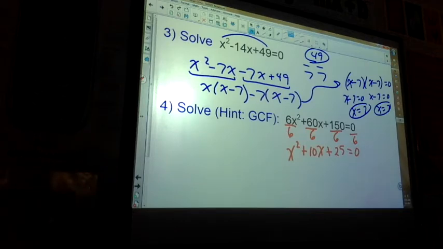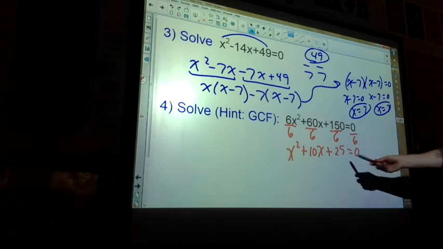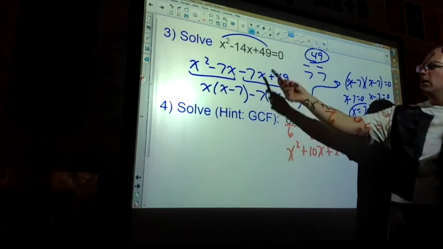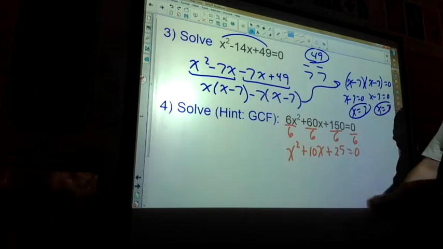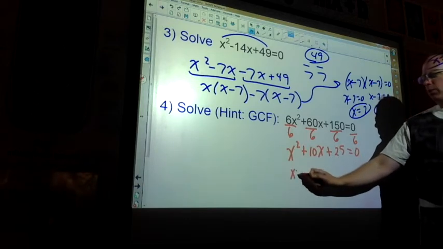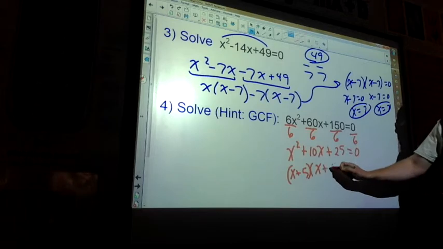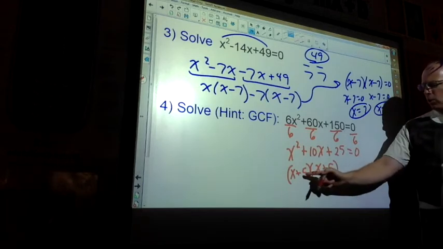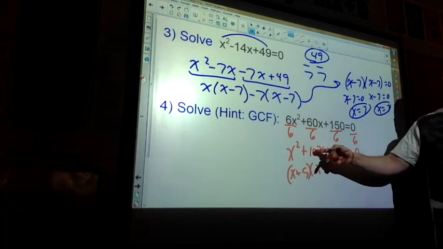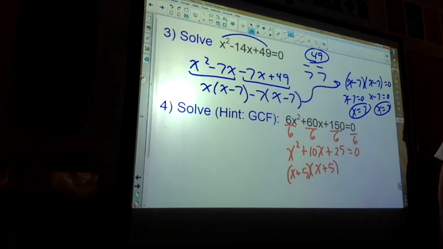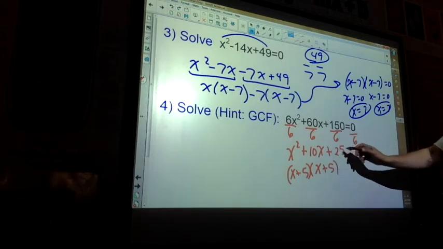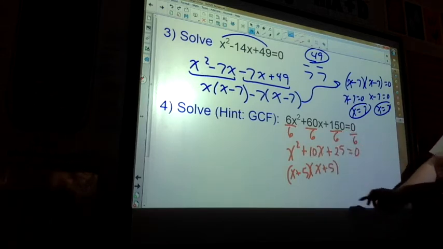I'm curious. This is a perfect square, kind of like that. I wonder if this factors to x plus 5, x plus 5. Let's just see if we're right without doing our factoring. So that would be x squared plus 5x plus 5x, which gives me 10x plus 25. Ooh. Does it work? So sometimes you can see a quick shortcut if you recognize that you have a perfect square trinomial.